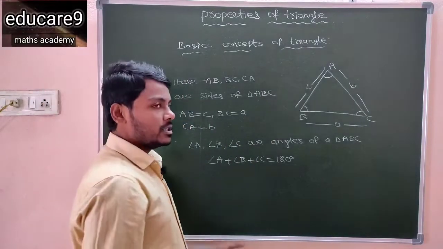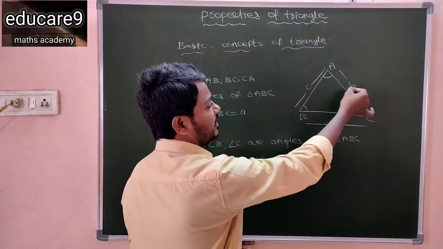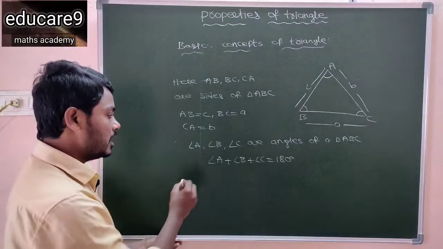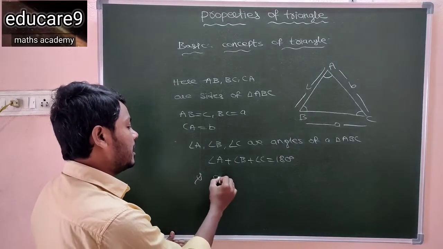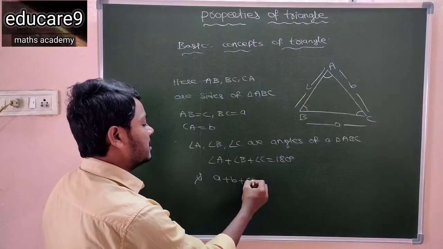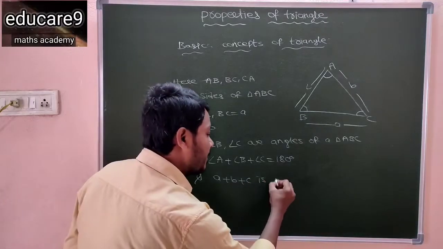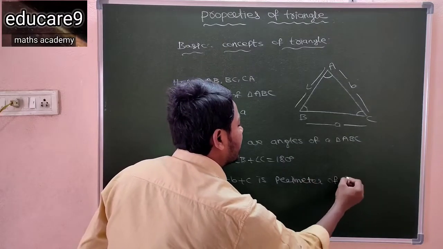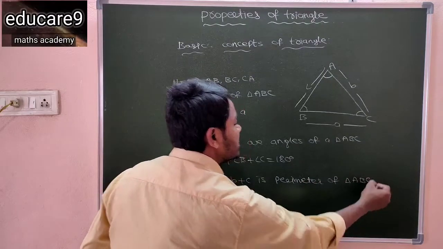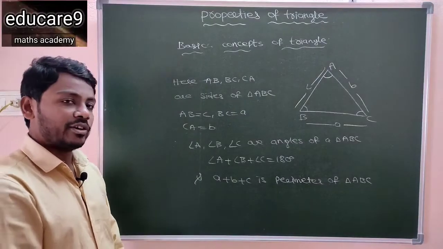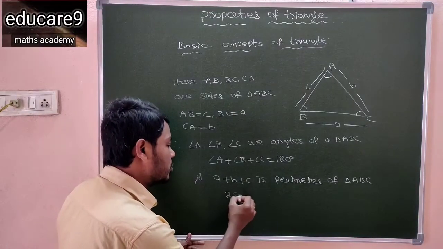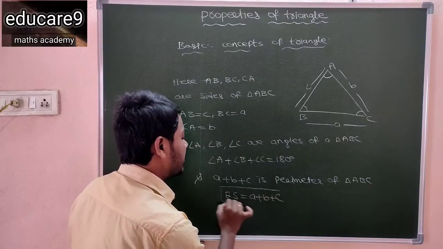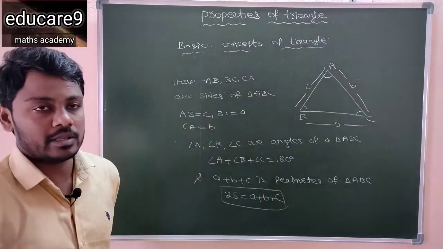Now see here, the sum of the sides of a triangle, that is a plus b plus c, is the perimeter of triangle ABC, and it is denoted as 2s. Here 2s is equal to the sum of the sides of the triangle, that is the perimeter of triangle ABC.